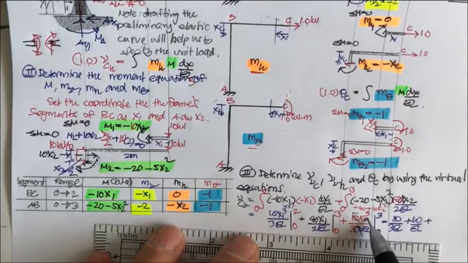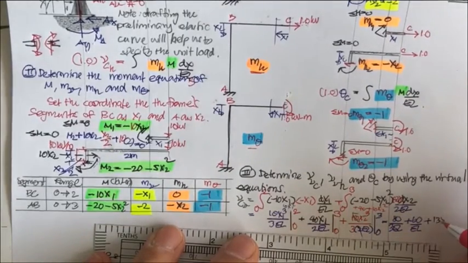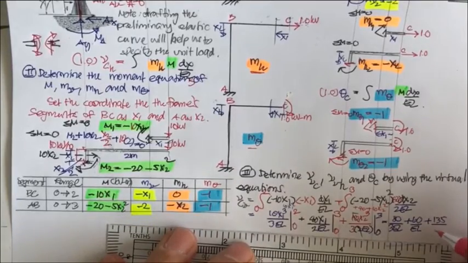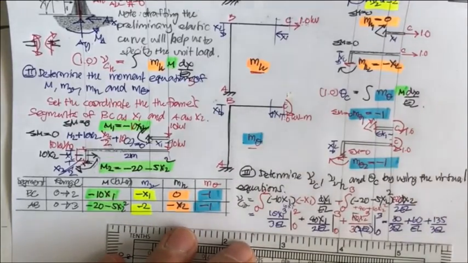This one is 27 times 5 divided by 3 plus 135 divided by 3EI.